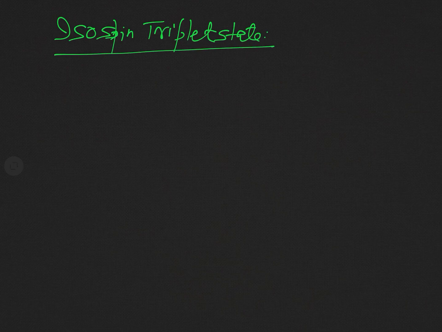The three states are denoted by the symbols eta 1 1, eta 1 0 and eta 1 minus 1. So first of all, we will write the wave function eta 1 1.